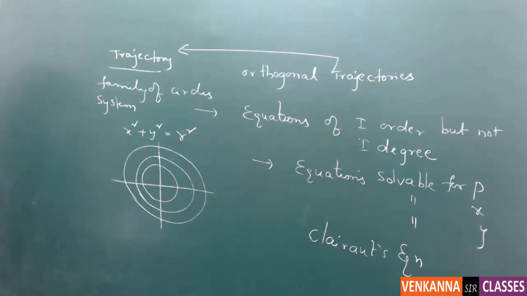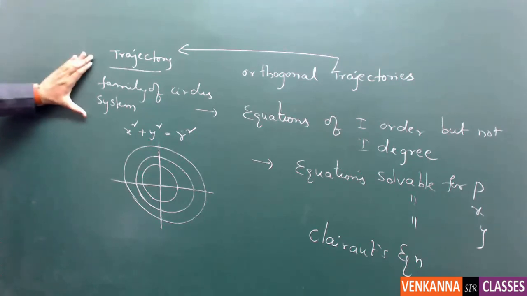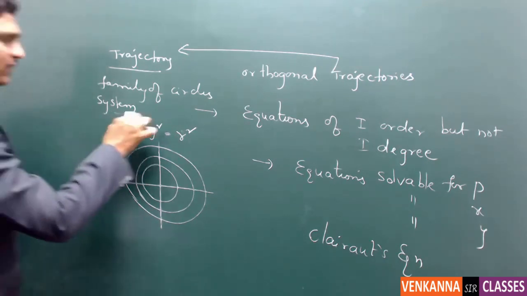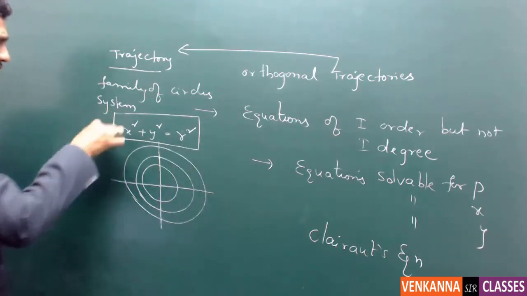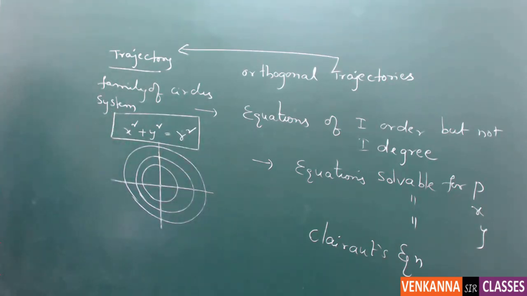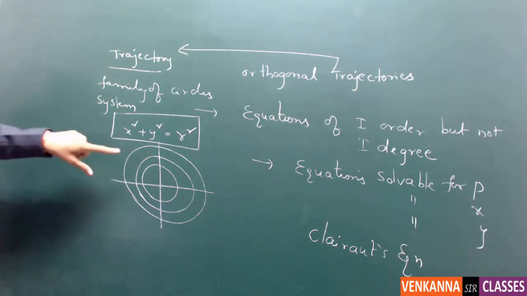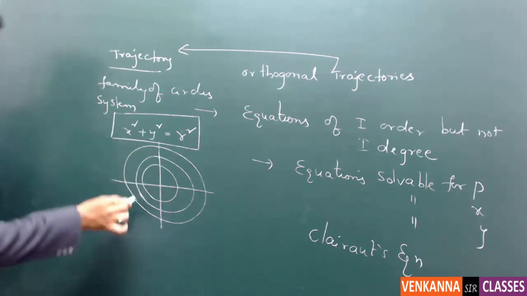So what happens if you consider a family of circles given by this equation? Now, if you are going to find any curve, for example, say a straight line, which intersects each member of this family.